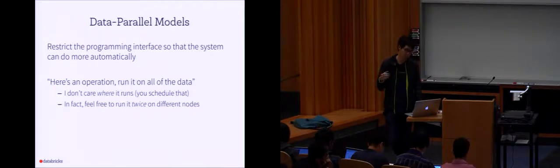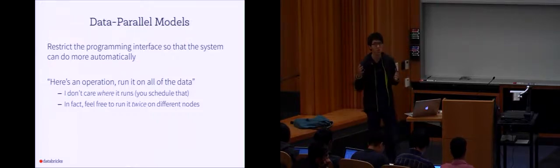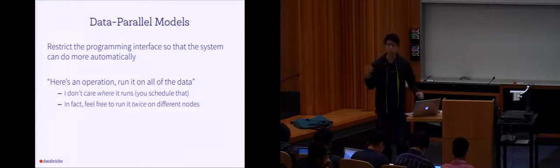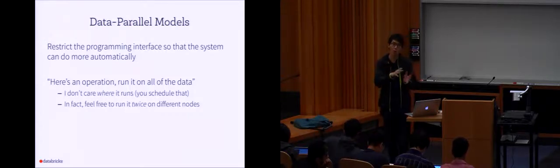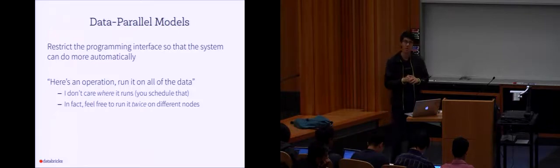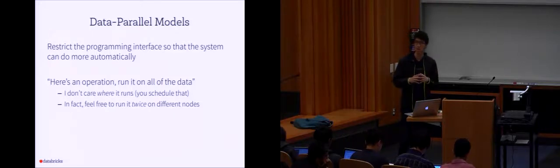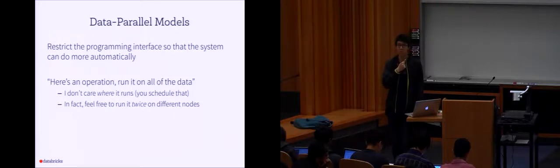Essentially, what that programming model says is, this is some operation I want you to run on all my data. As a programmer, I don't really care when or where you run it, and I don't even care if you run it twice or three times. But this is an operation. Does this sound familiar to something you've been doing?